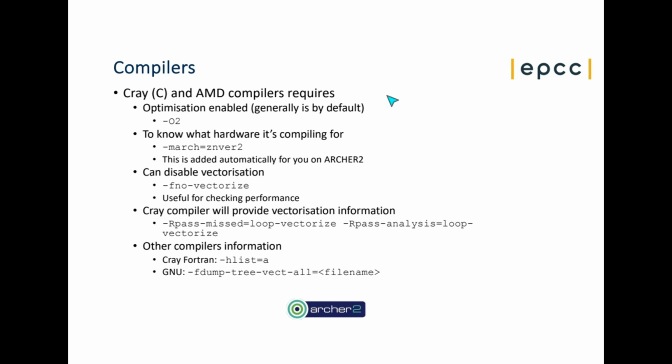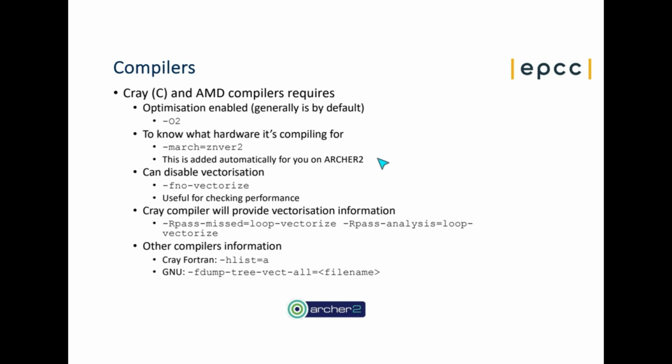What do you need to do in terms of compiler flags to enable it? For the Cray, C and AMD compilers, you need optimization turned on. It needs to know what hardware it's compiling for. On ARCHER2, that's added automatically. The march flag is determined automatically. On other systems, you might have to take some care.